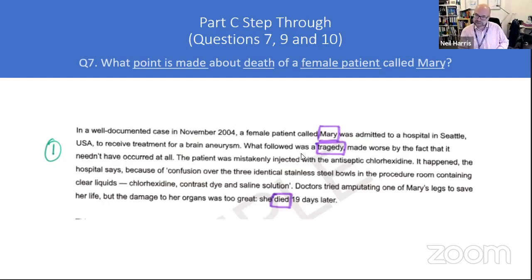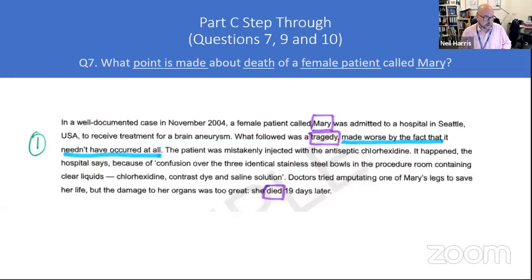So if I put this into my own words, the point about this death was that it was not only an accident, a mistake, but it needn't have happened at all. It was somehow avoidable.